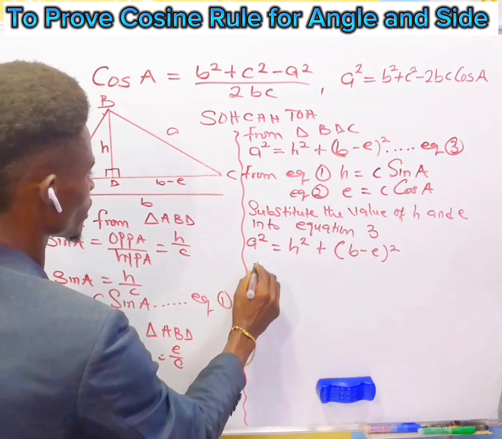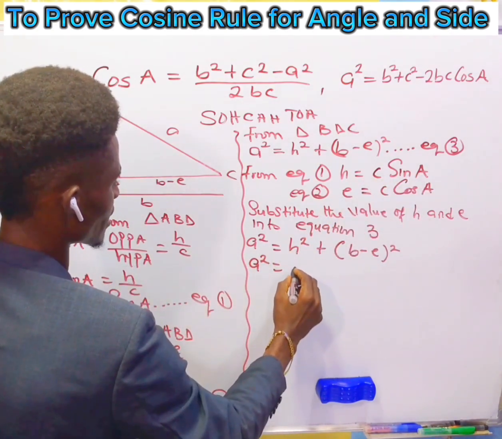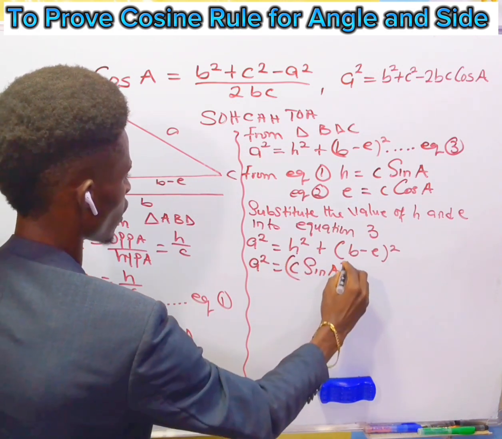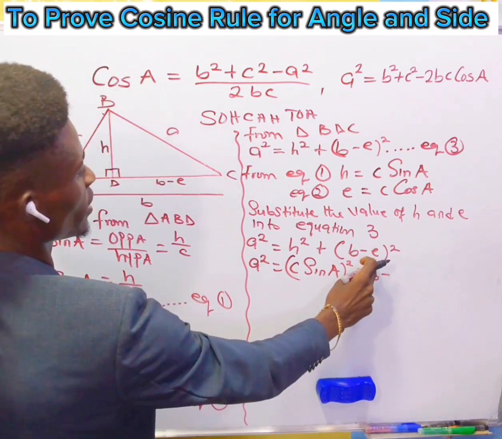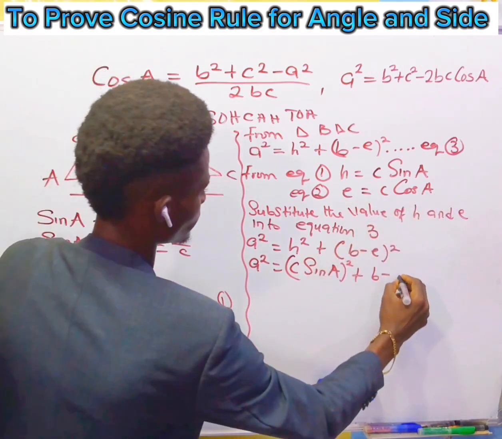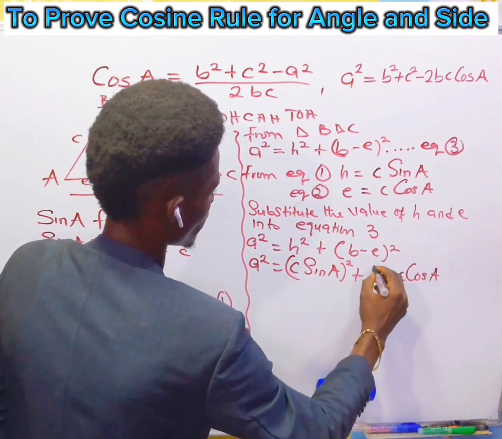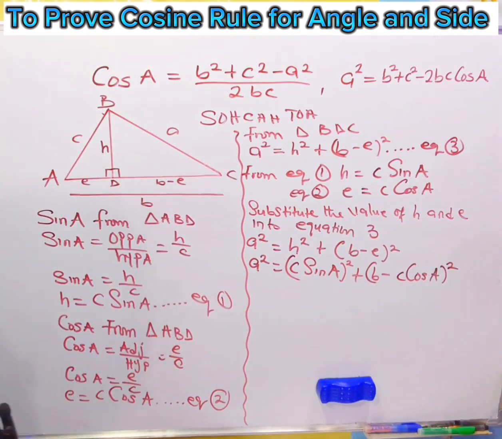where our h is c sine A. We'll have it as (c sine A)² plus (b minus, what is our E? Our E is c cos A, which is c cos A) all squared.